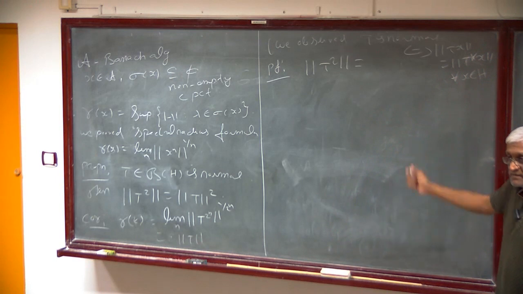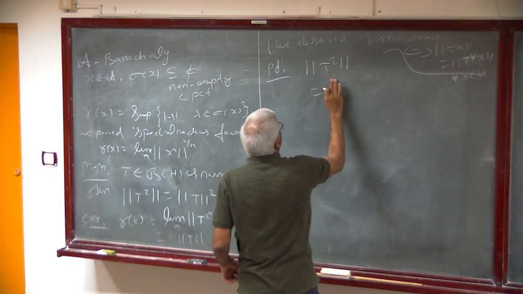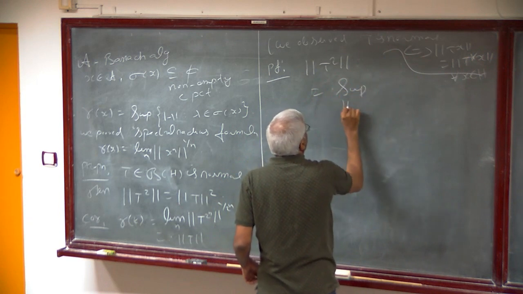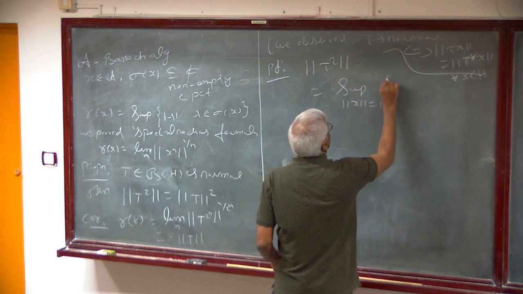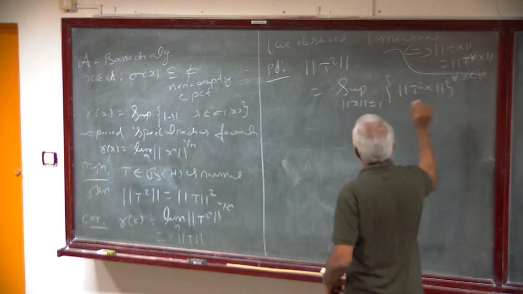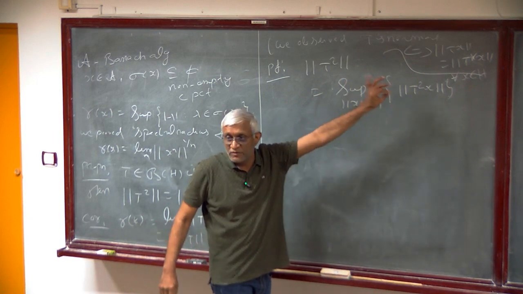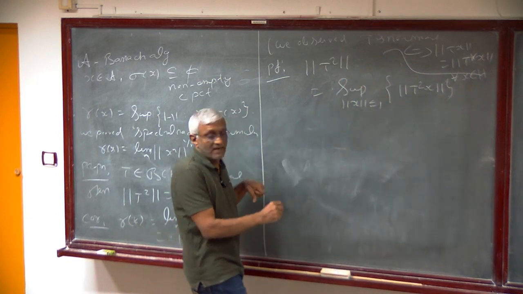These are all operators; we are working with operators. So we have seen this because norm T squared is equal to the supremum over norm x less than or equal to 1 of norm of T squared x. Now T squared x is T of Tx, so you can insert a T star there.